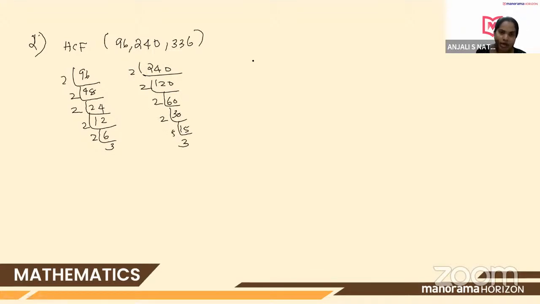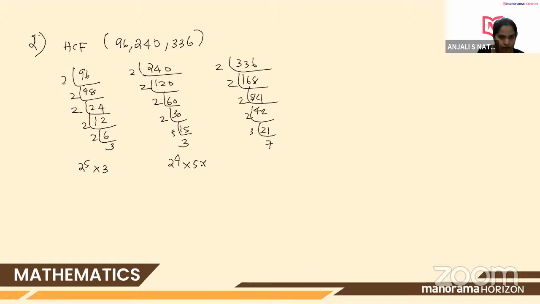And 336, then 168, 84, 42, 21, and 7 threes are 21. So we can write it as 2 raised to 5 into 3, 240 as 2 raised to 4 into 5 into 3, and 336 as 2 raised to 4 into 3 into 7.